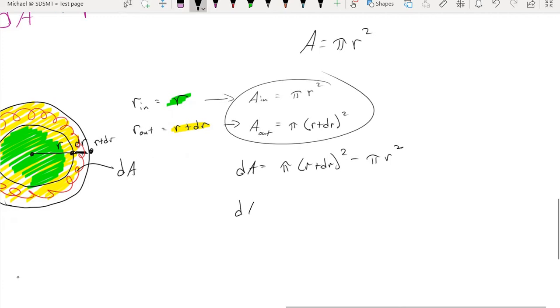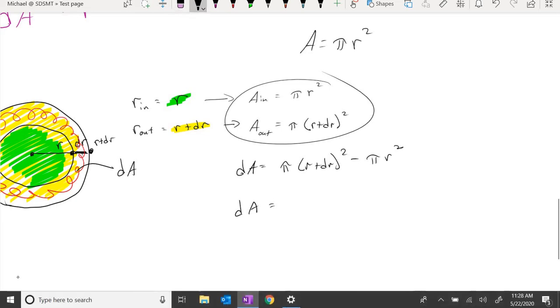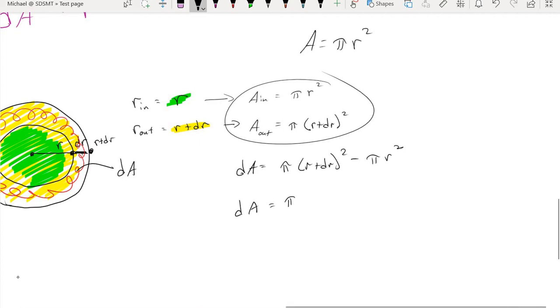Now there is a bit of cleanup that we can do here, and you'll notice right here we have a binomial that is being squared, so we need to do the algebra correctly. We need to FOIL that binomial, and when we do that, we get pi r squared plus 2 r dr plus dr squared minus the second term, pi r squared.